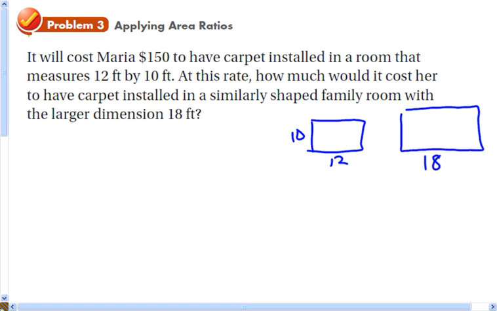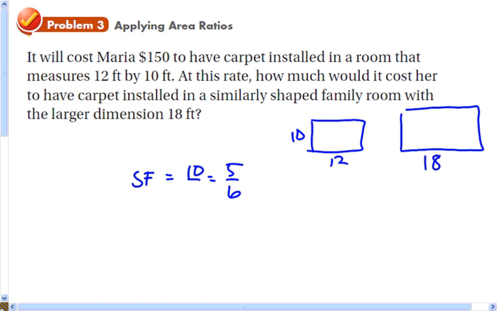So our scale factor is going to be the same because they're similarly shaped. And since we're talking about covering the room with carpet, we're talking about area. So my scale factor is equal to 10/12, which is the same as 5/6.